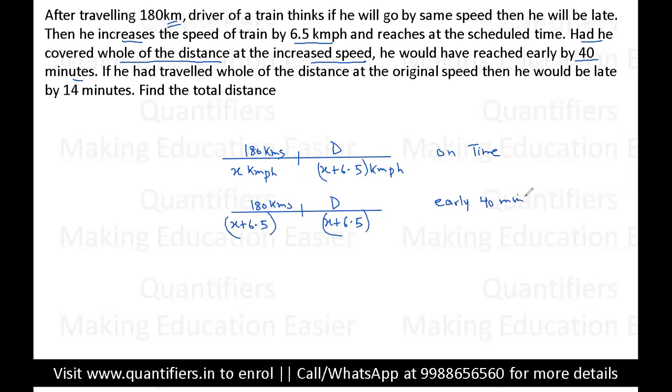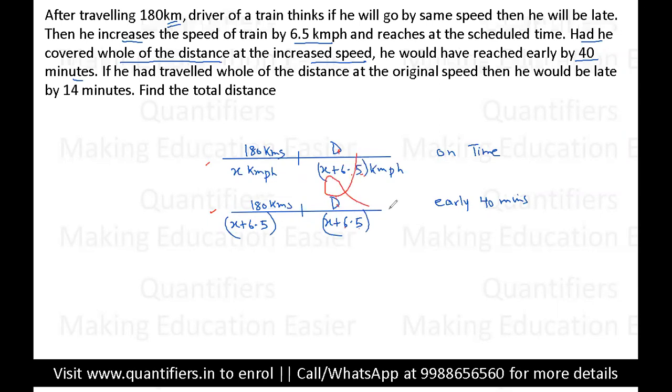Now students, we just need to understand why he is taking 40 minutes less. Now if you compare these two scenarios, आप देख सकते हो कि जब distance d है, when distance is d, speed is x plus 6.5 in both the cases. Distance is same, speed is same, right? You can see distance is same in both the cases, d, and speed is also same in both the cases. यहां से time का difference कभी भी नहीं आएगा.